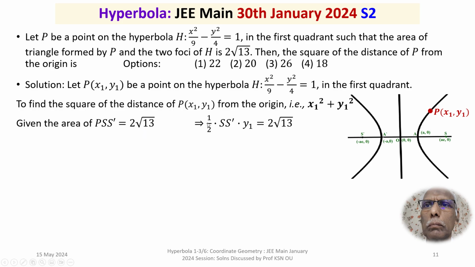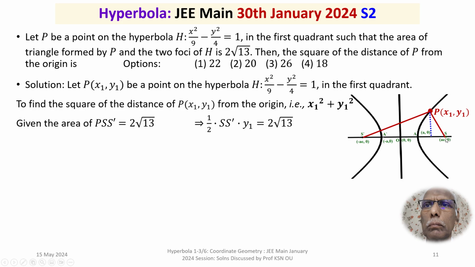This is written as 1 by 2 into the base S S prime into the height. The height is y1. So this is the triangle, and the area is half into base S S prime into the height y1.